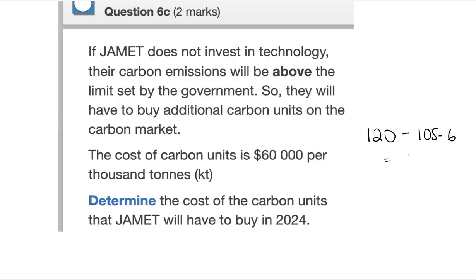If we find the difference, this becomes 14.4. Now what does 14.4 have to do with this value? You can consider this a cushion amount. And 14.4 kilotons is the amount JAMIT has to pay per carbon unit. So 14.4 multiplied by 60,000.